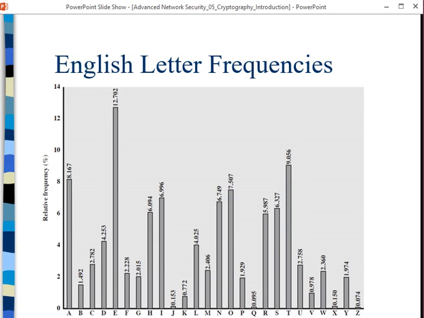Hence, by doing some statistical analysis of our ciphertext, an attacker can easily find the secret key.